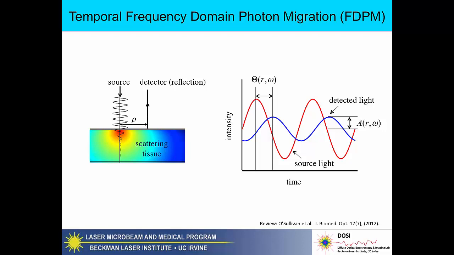But both techniques are absolutely equivalent. There will be times, so time-correlated single photon counting happens to be a really good way for looking at very deep tissues. But you don't necessarily need to do that if you've got lots of signal, for example. So there are pluses and minuses to each.